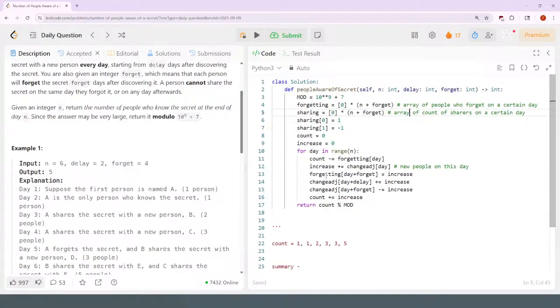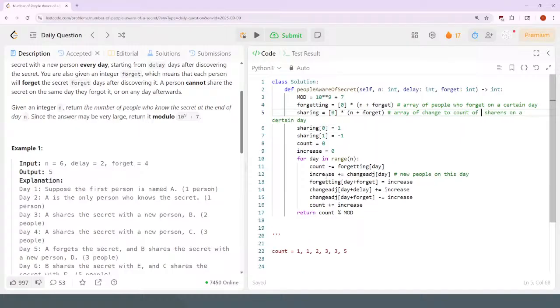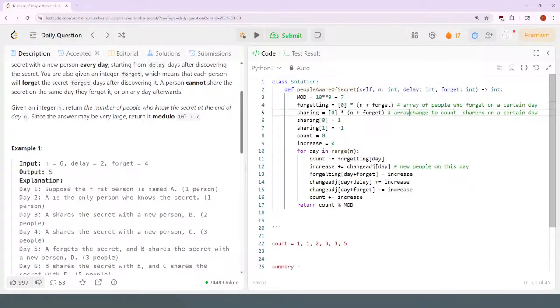This is count of shares. This array of change to count shares. Change the count of shares on this one day. So there's one new share on the first day, and then that change is removed on the second day.